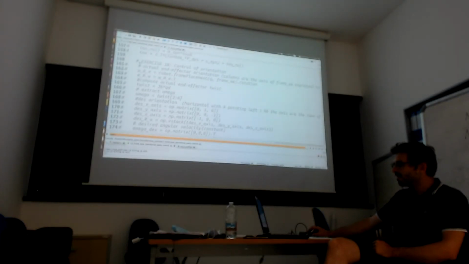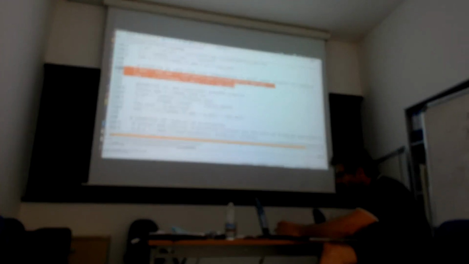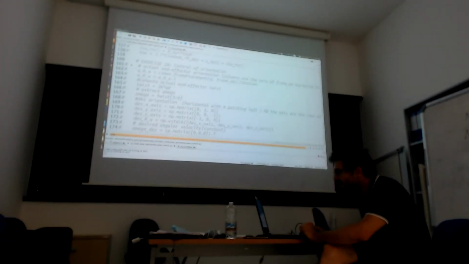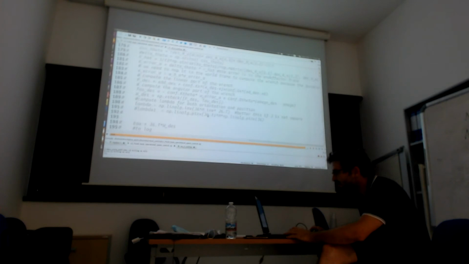If we implement the orientation task, then what do we need to do? There is a bunch of things to do.